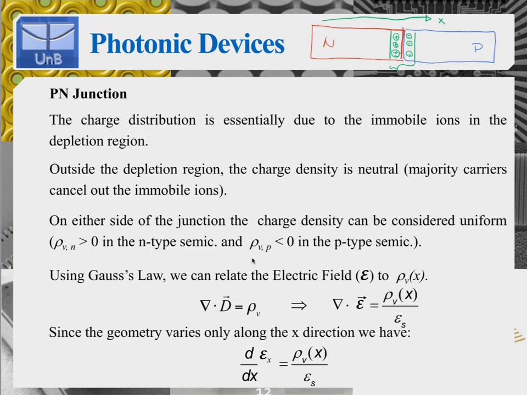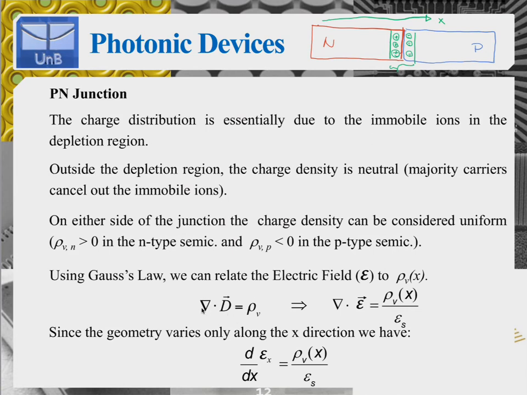And considering this, we can use Gauss's law to find out the electrostatic field and the electric potential, and finally the potential energy associated with the depletion region, or actually associated with the junction itself.